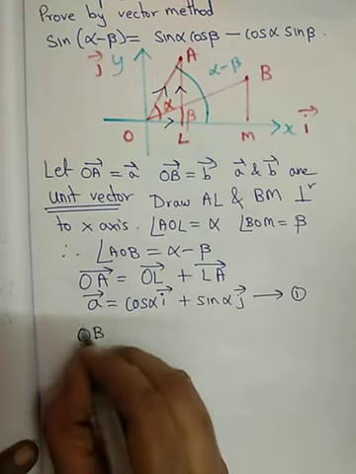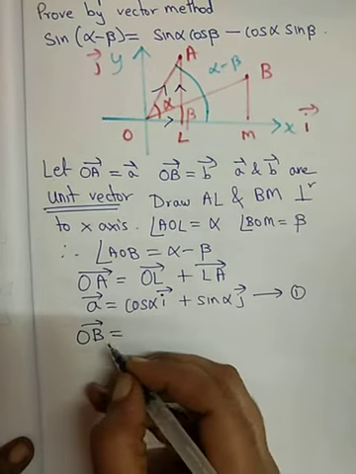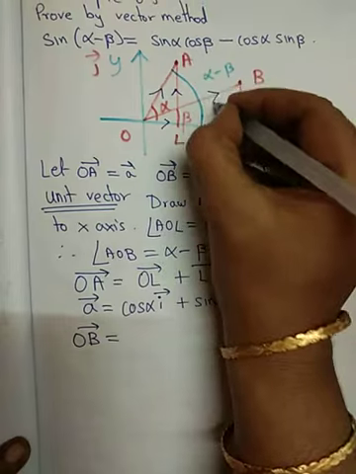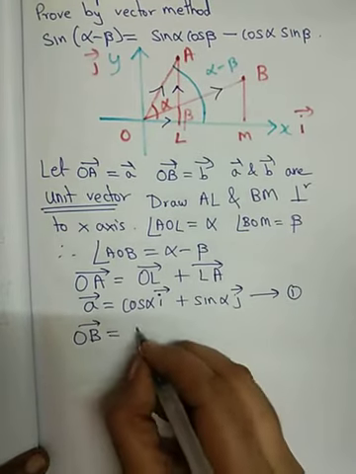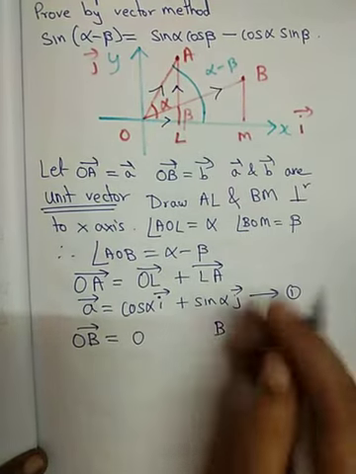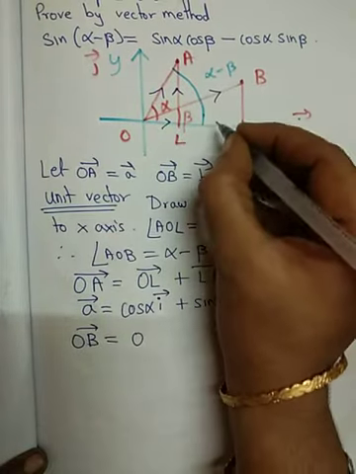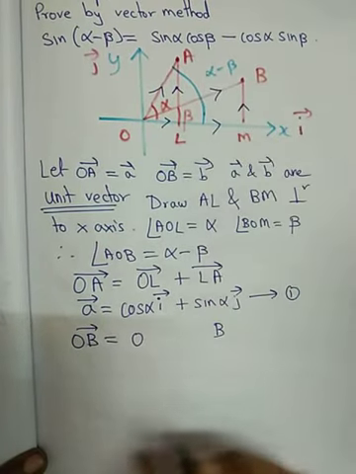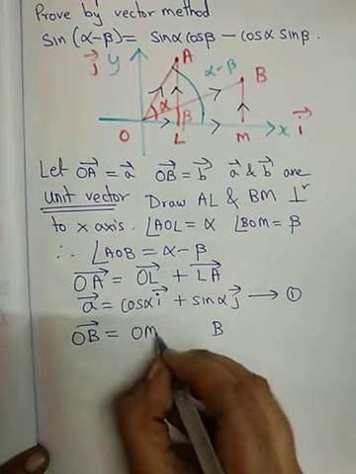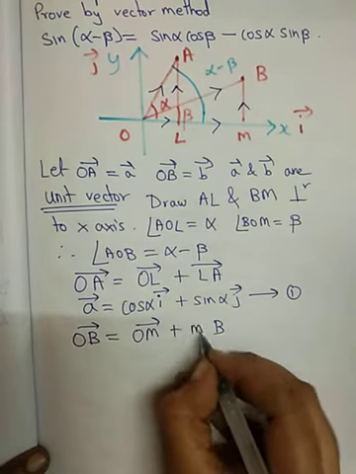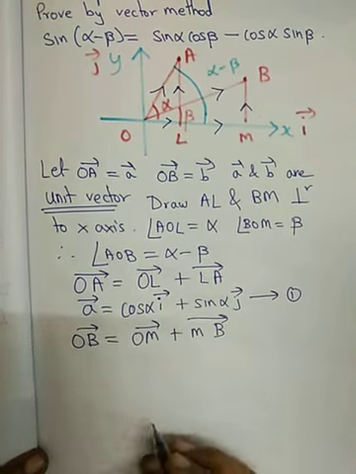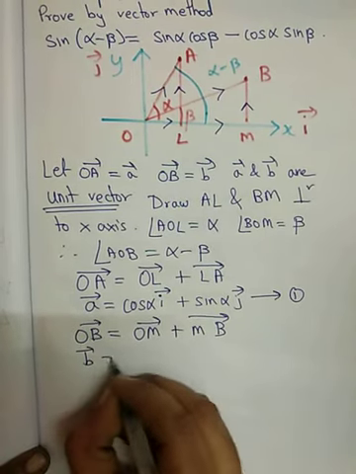Similarly, we have to split OB vector. How to split OB vector? The diagram if you see you can understand. O should be the starting, B should be the ending. So OB can be written as OM plus MB. OM vector plus MB vector. Now OB I can write it as B vector.